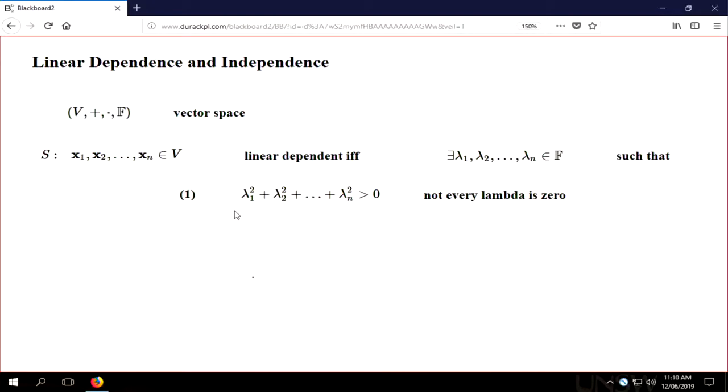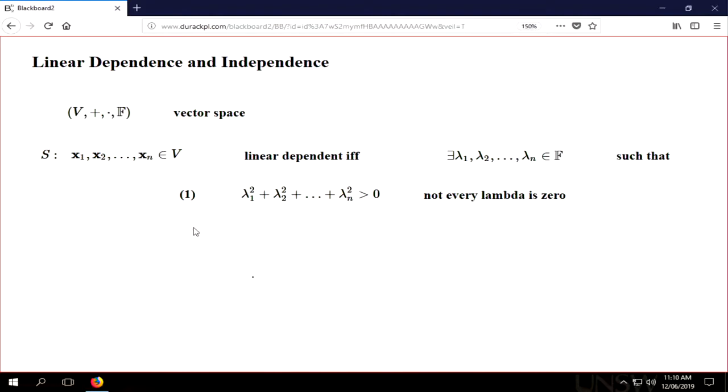If you have a bunch of numbers and not every one is zero, then this expression will be positive. The only condition under which this expression is exactly zero is when every lambda is zero. So it's a very nice mathematical way to say that not every coefficient is zero. It's a nice trick. If you don't like it, you can stick with the plain English description of this condition.